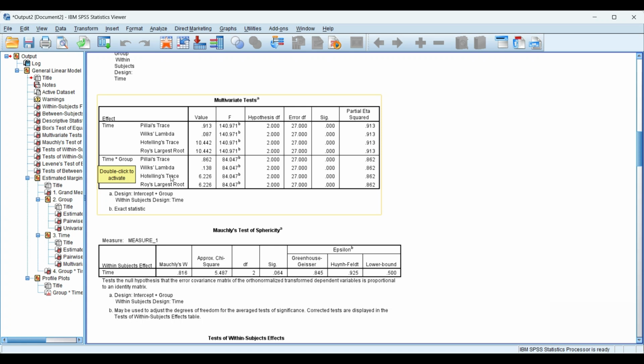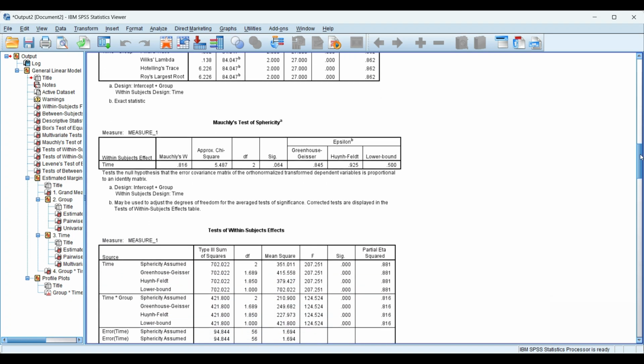So it means the pattern of change over time differed significantly between the control and treatment groups, because the control and treatment group was our independent variable. So in both cases there was a significant difference between the control and treatment groups.